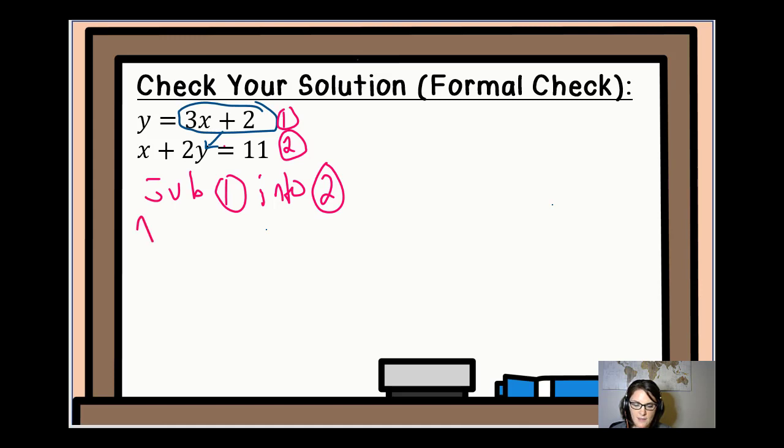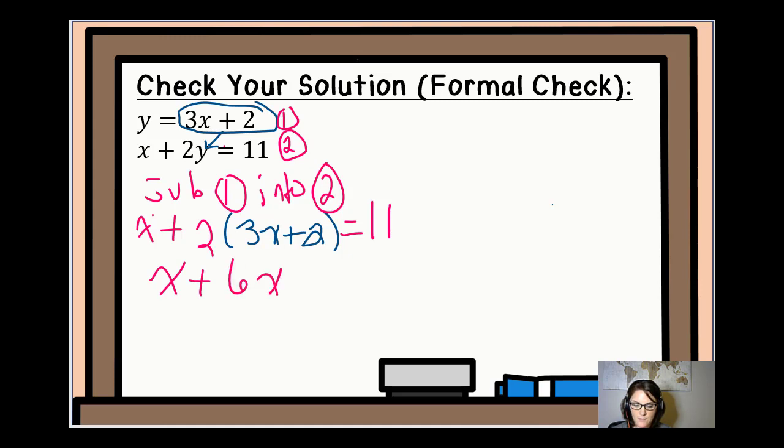Okay, so we have x plus 2 times 3x plus 2 equals 11. Okay, so we're going to expand and simplify and combine like terms. So x plus 6x plus 4 equals 11.